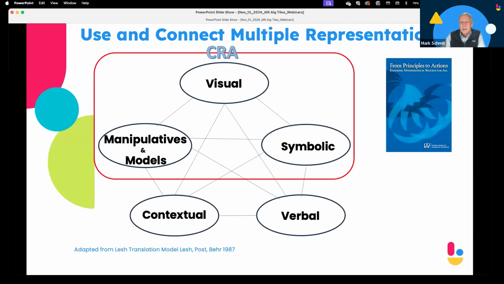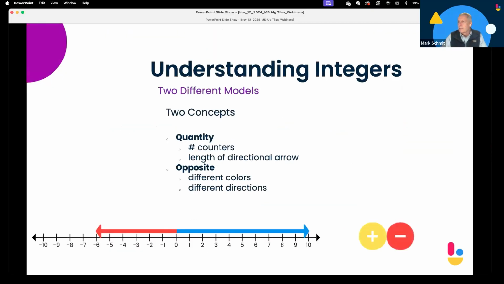So I thought we'd start with integers. In talking about working with integers, there are two different models. We'll probably spend most of the time tonight with the counter model, as you see over here on the lower right-hand side. But there are two facets of each of these models. In the counter model, we're talking about the number of counters, the quantity, or I might say magnitude.